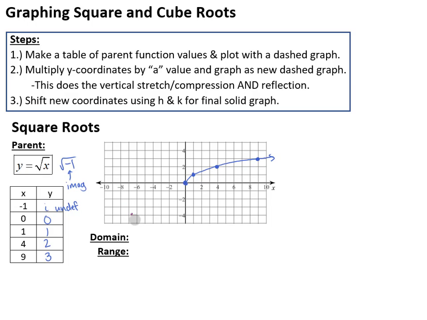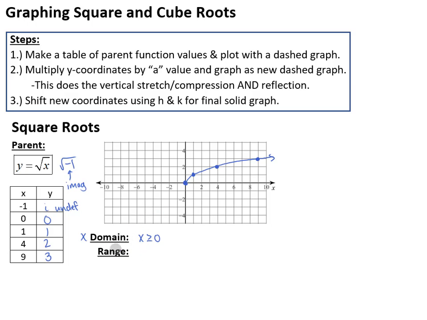Okay, so if we were writing the domain and range of this graph, remember domain has to do with my possible x values. This graph does not go left forever, but it does continue right forever. And there is a minimum value here, which is the x value of 0. So for my domain, I say x has to be greater than or equal to 0.